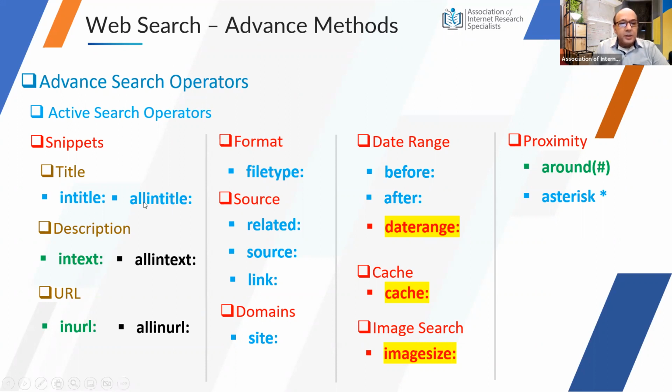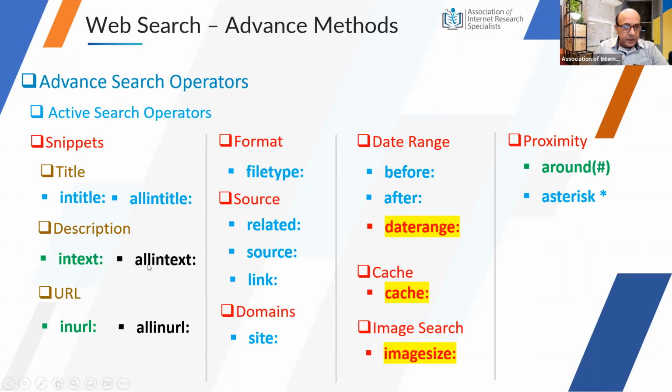It's not even necessary to use allintitle, and you will discover why, as well as understand what the difference is when you add all to the operator on the left, which is intitle. Similarly, for the description part, we use an operator called intext, followed by a colon sign without any gaps, and again it has all added to give it a different blend.